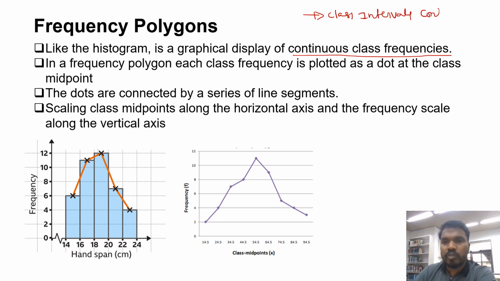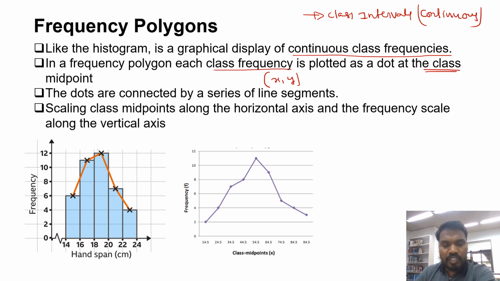So this should be continuous. And the second one, we plot the data. Here we take the ordered pair x comma y, where x will be the class mark and y will be the frequency.